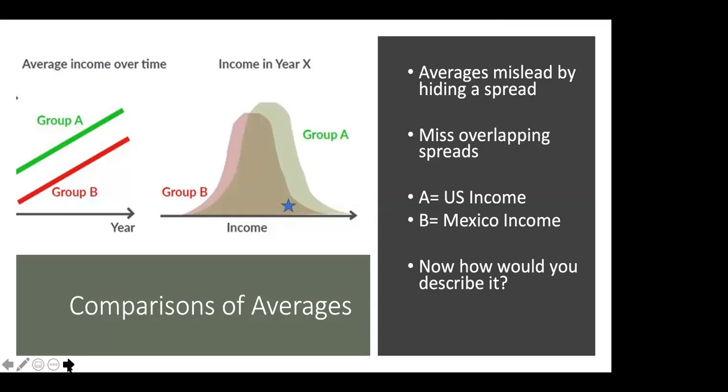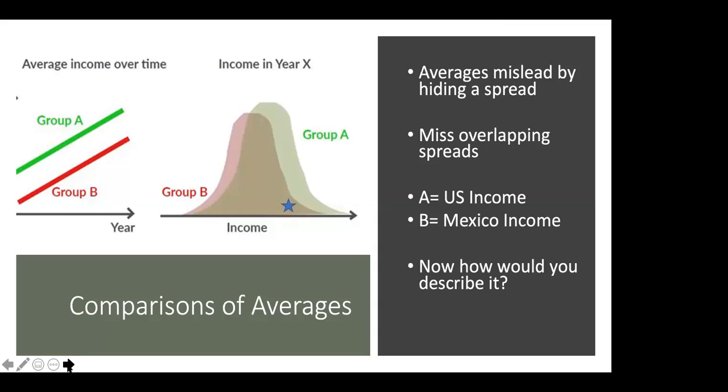The left side graph and right side graph are the same data, and group A is US income and group B is Mexico income.